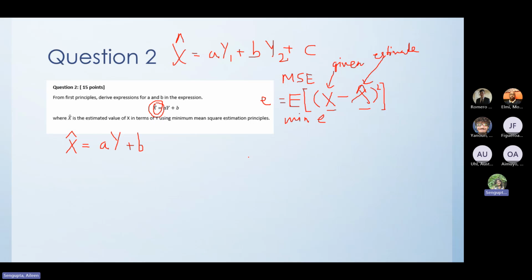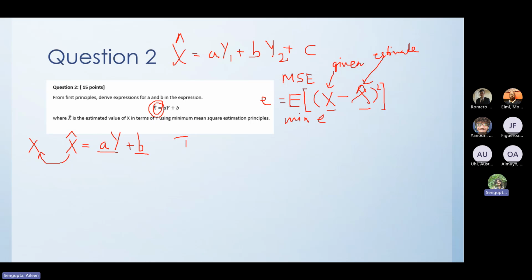For non-linear problems, it becomes a little more complicated, but we are not going to deal with that. What we are trying to do is to vary this A and B in such a way that X hat becomes as close as possible to X. That is why we take the error.